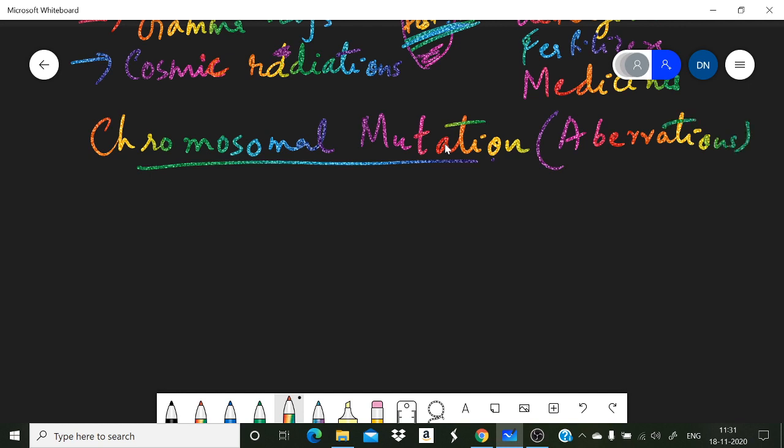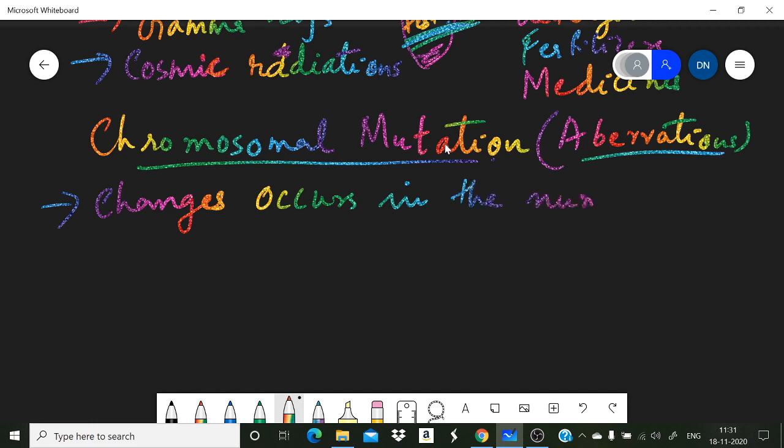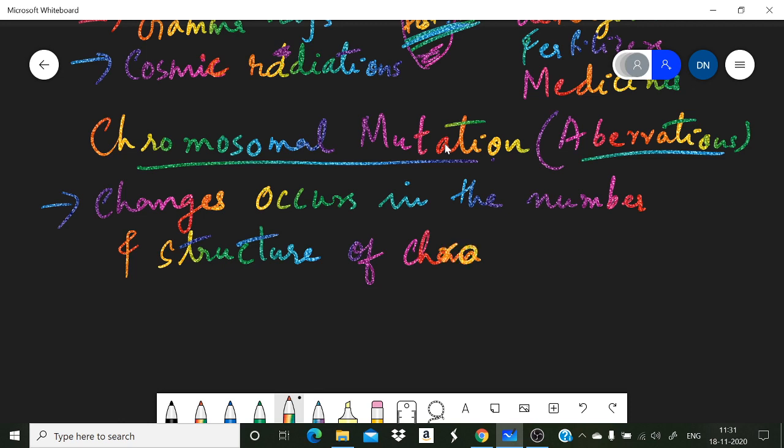Chromosomal mutations or chromosomal aberrations are changes which occur in the number and structure of chromosomes. Changes which occur in the number and structure of chromosome.